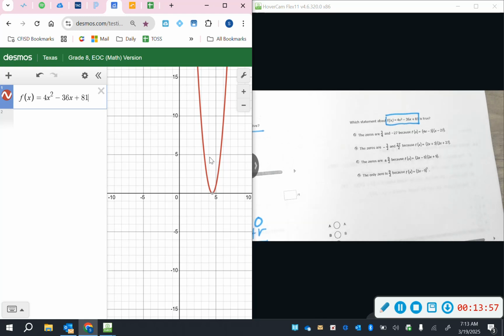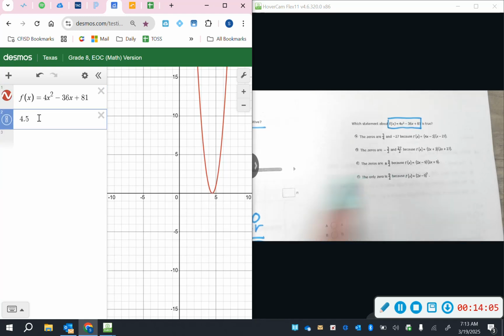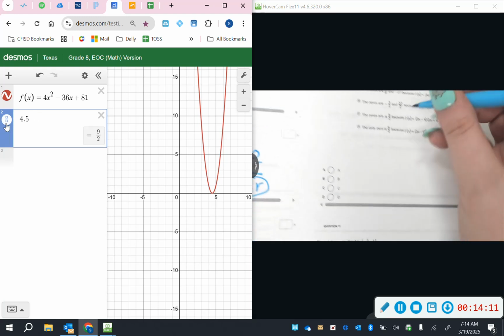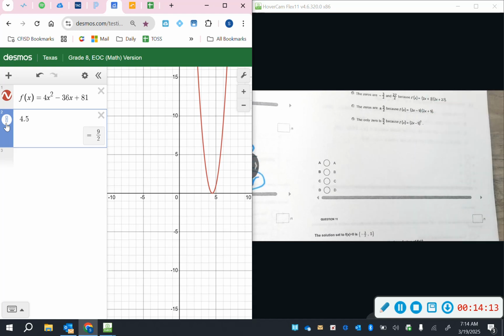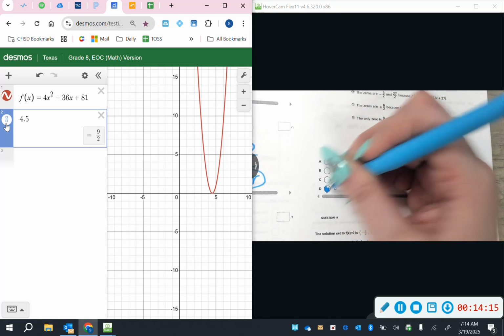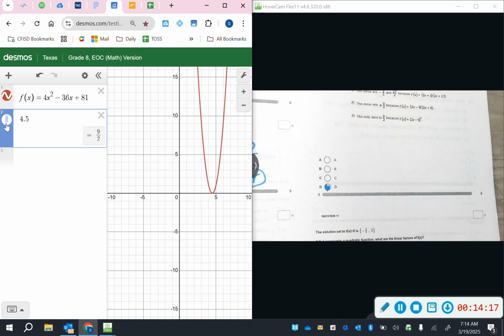Yes, okay. Well, it only has one 0, and that's at 4.5. So I'm going to type in 4.5 because none of my answer choices are decimals. I'm going to click on the fraction button. 9/2. And it only has that one 0, so our answer has to be D. There are no other zeros on that graph.